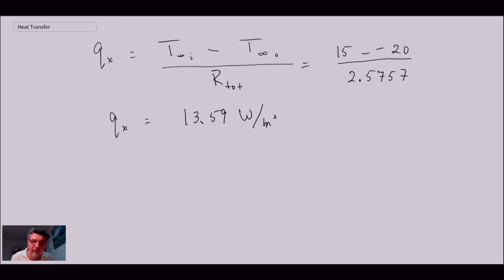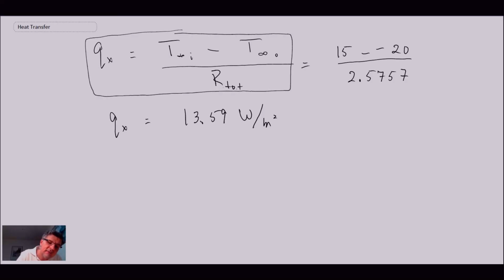And so there, what we've done, we've calculated heat loss through this wall using thermal resistances. It's quite a simple technique. It's straightforward. You're just putting these resistance values together. And like I said, if you wanted to go in and evaluate the temperature at one of the intermediate points, you would just use this equation again, but the endpoints would change and the resistance values that you're working with would be different.